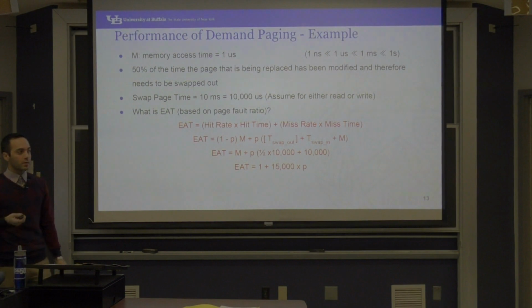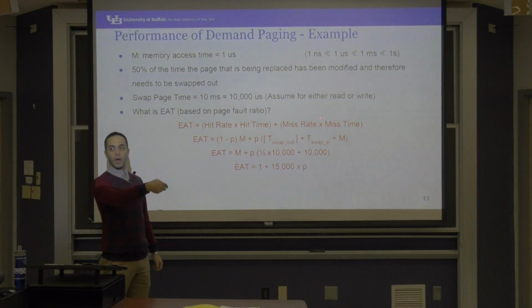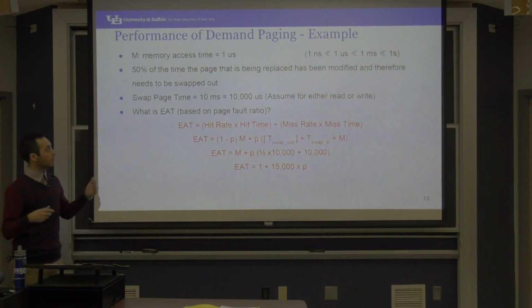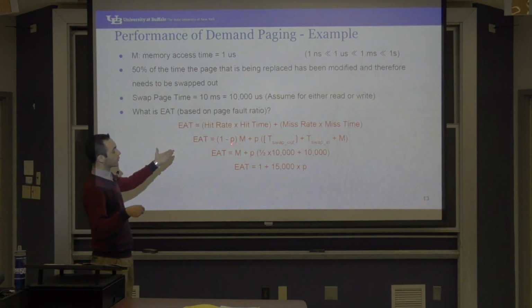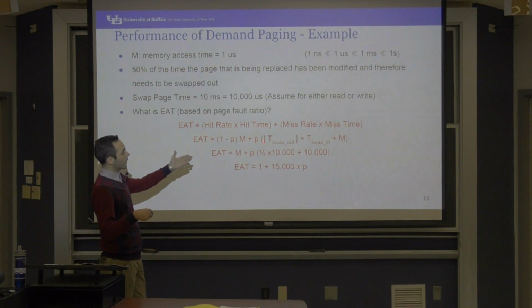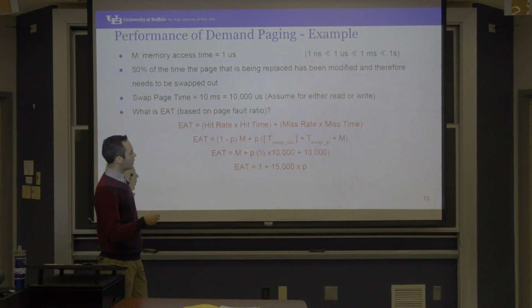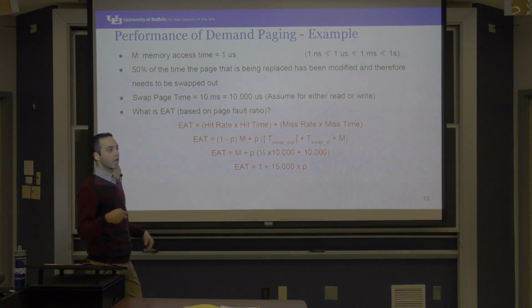Remember, the effective time is hit rate multiplied by hit time plus miss rate multiplied by miss time. Here we don't know the hit rate; it's asking based on the page fault ratio. So 1 minus P, times the memory access time, plus the page fault ratio times the cost of a page fault.